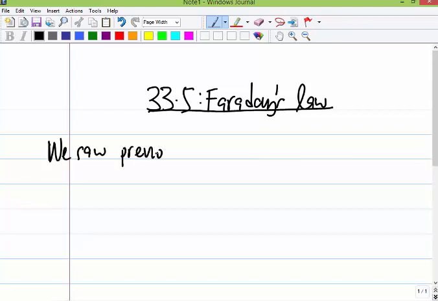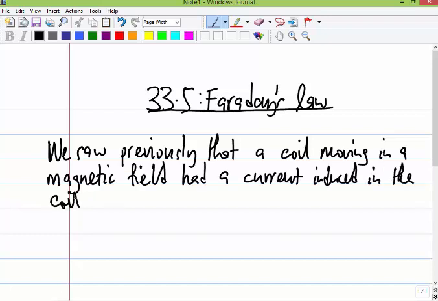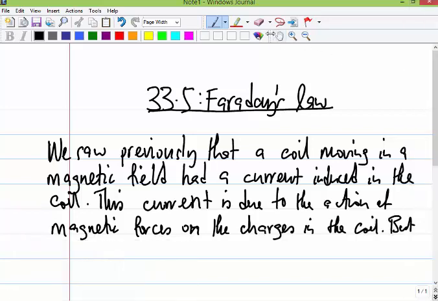We saw previously that a coil moving in a magnetic field had a current induced in the coil, and we can say this current is due to the action of magnetic forces on the charges in the coil, and this was what we call the motional EMF.